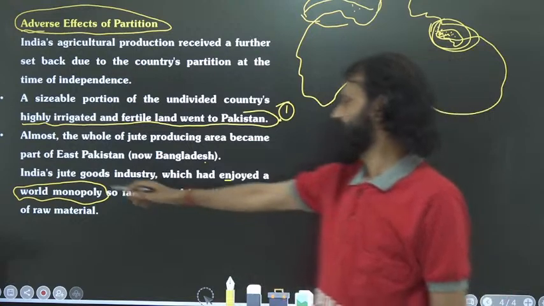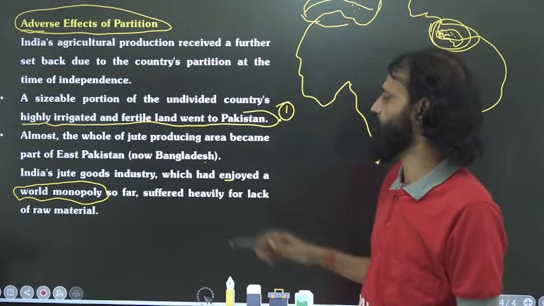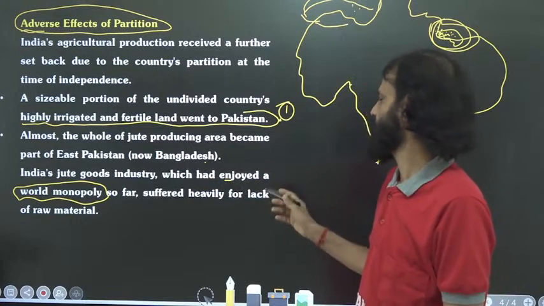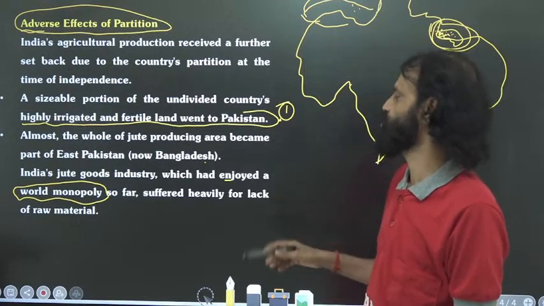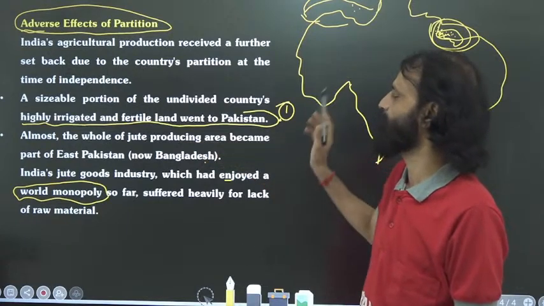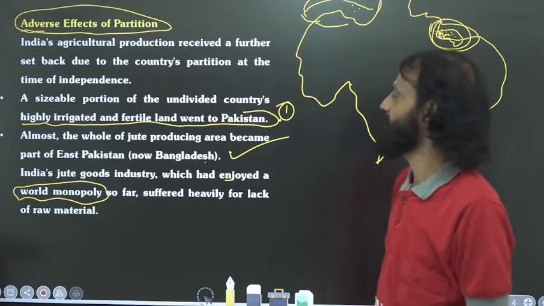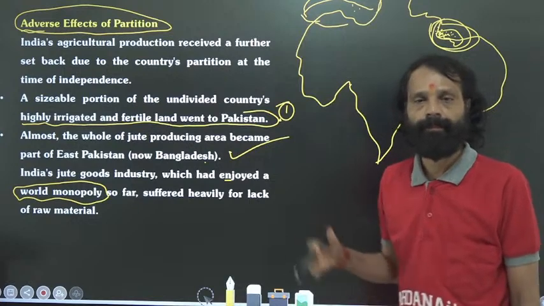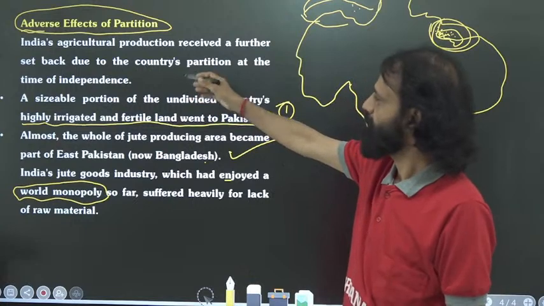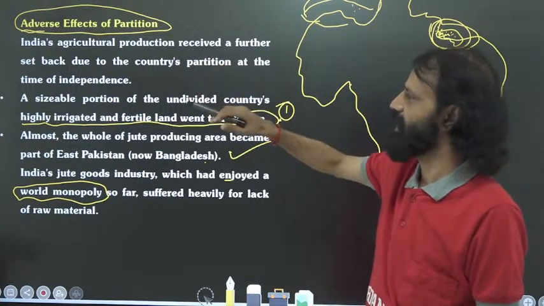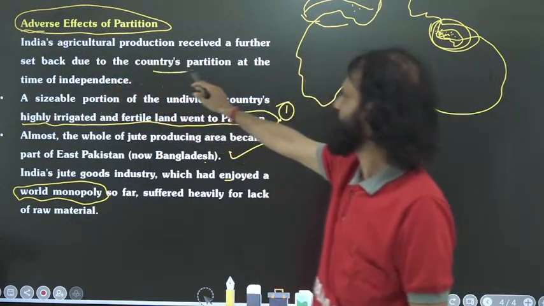Then India's jute goods industry, which had enjoyed a world monopoly so far, suffered heavily for lack of raw materials. Why? All those jute producing areas became part of East Pakistan, now Bangladesh. It happened because of the country's partition.